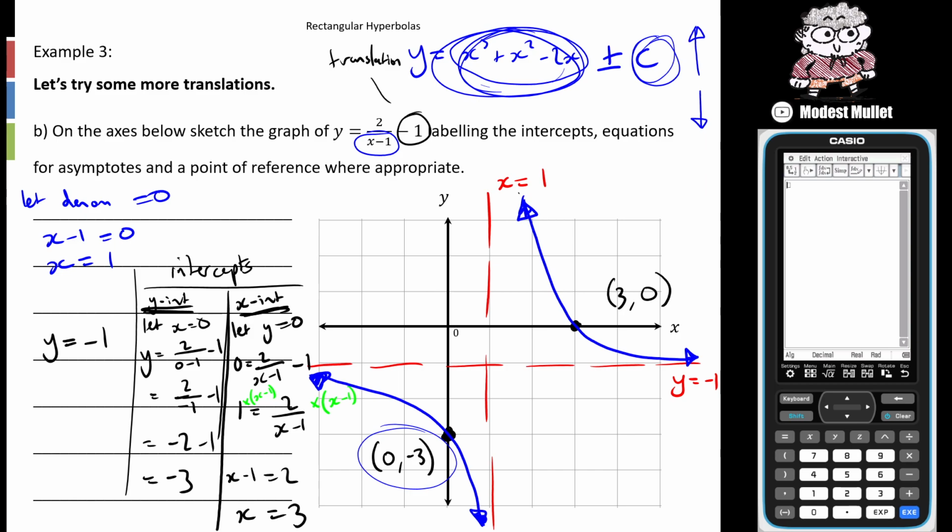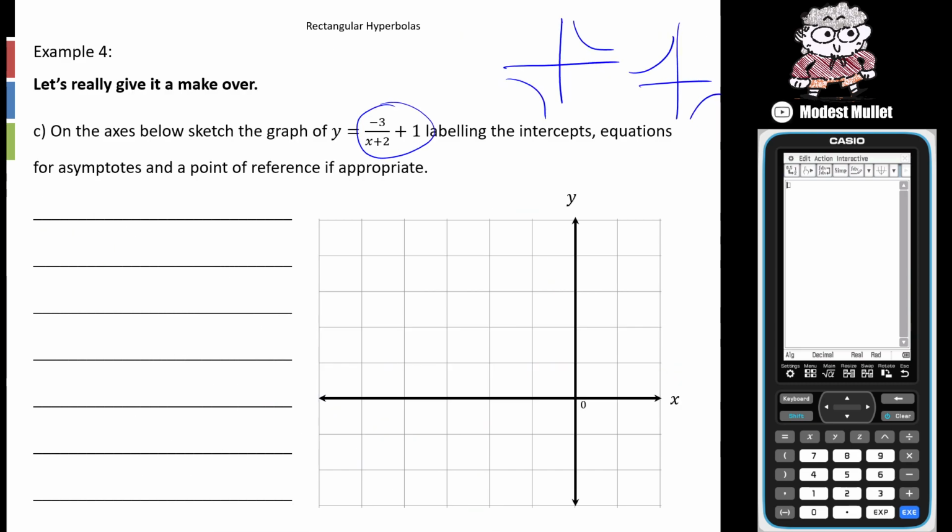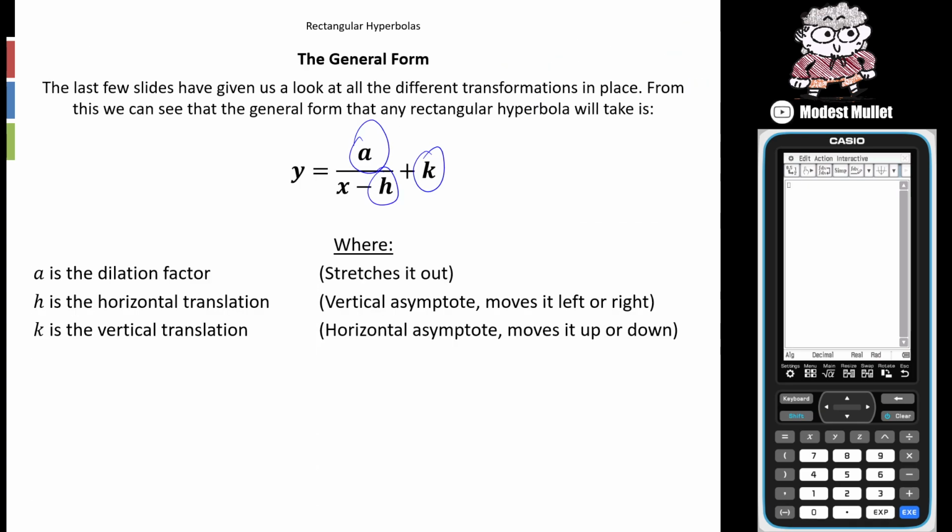We don't need to worry too much about the shape. The only time that's really important is, like in this case, when we have a negative value there, it means the graph is being reflected. We don't need to worry about the next slide that flashed up.